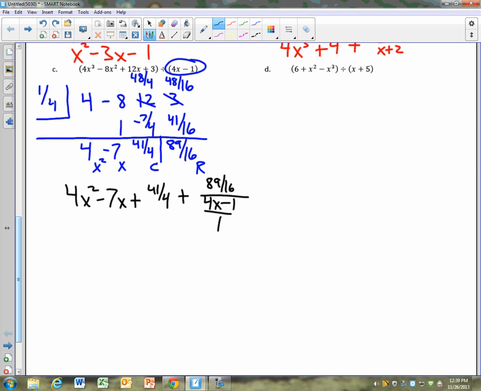If you try D on your own, notice they're out of order. You got the 6 first, so place them in the correct order and see if you can do D on your own. Should work out pretty nice.